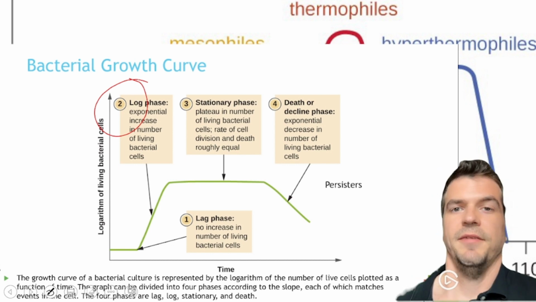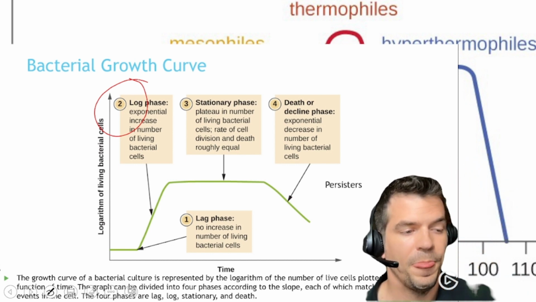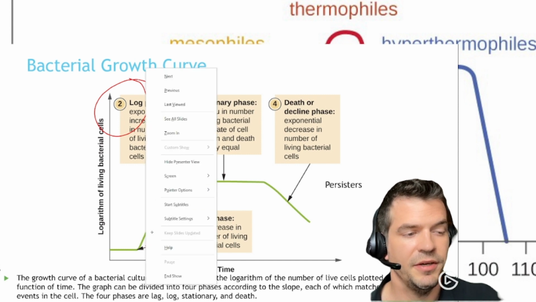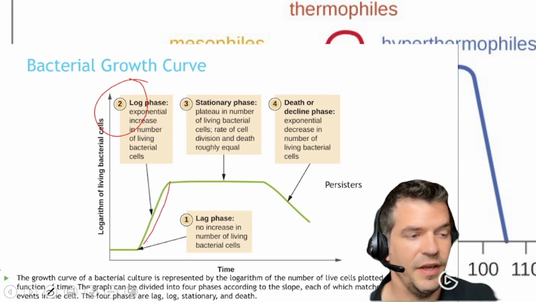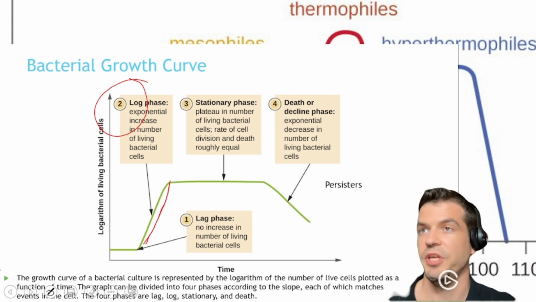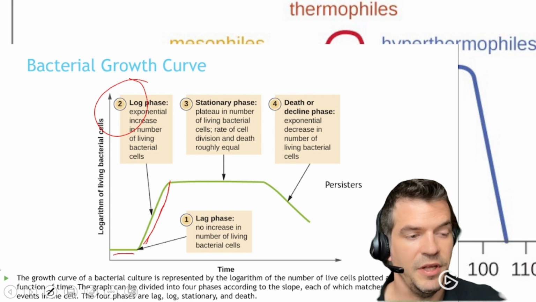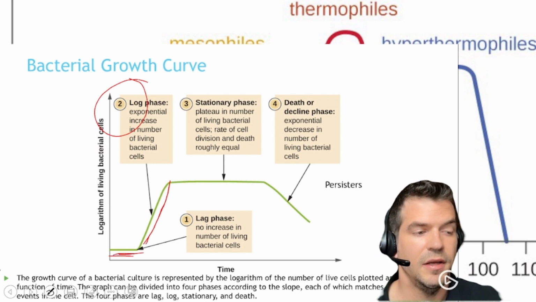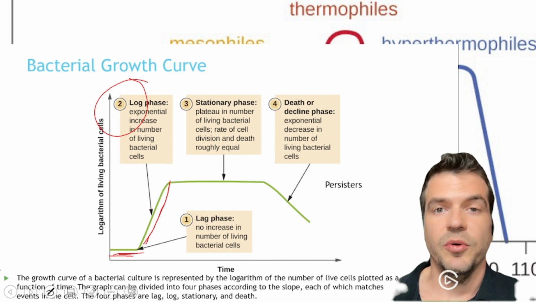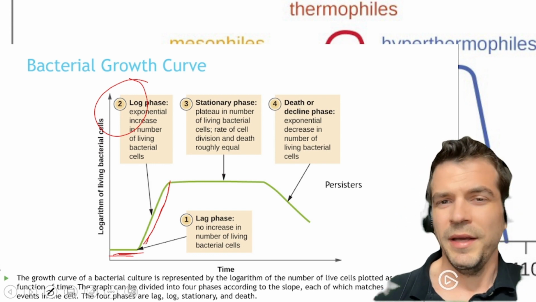Now let's explain these other phases. We just explained that if we're here during our log phase, 2 becomes 4, 4 becomes 8. We're growing really, really fast. But what's happening here? There's really no increase in living cells happening there. Why?